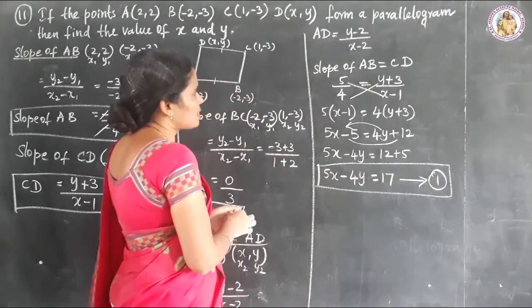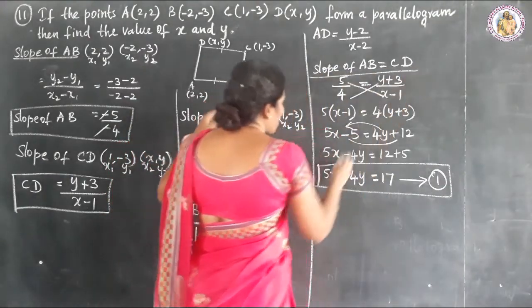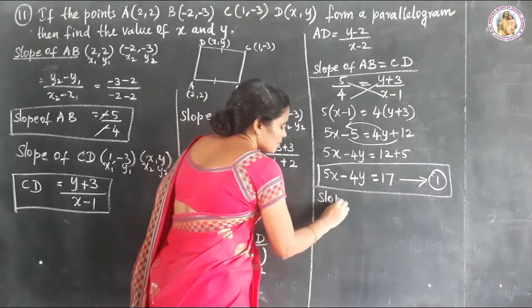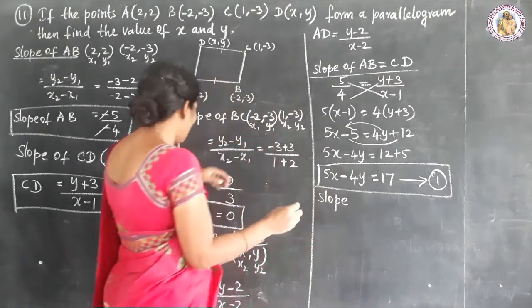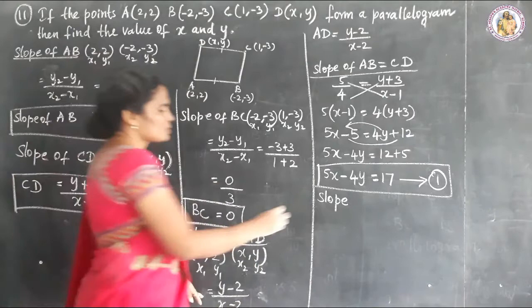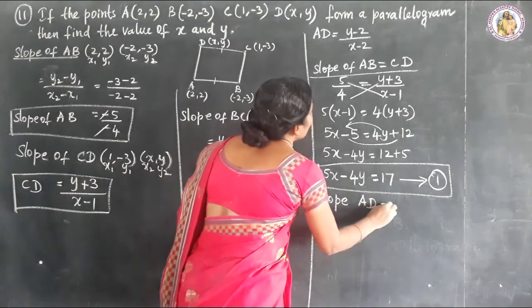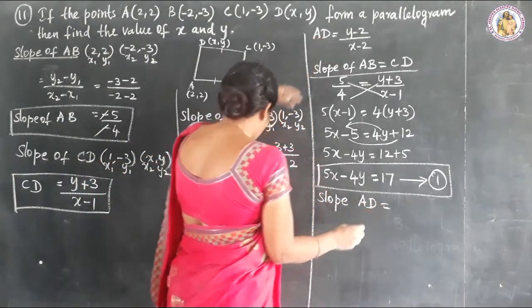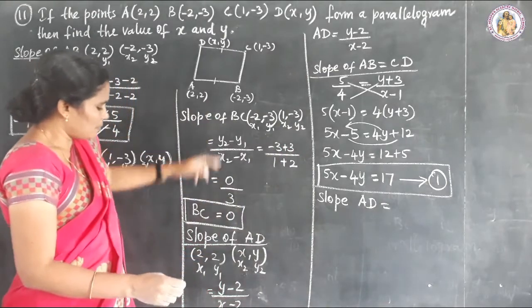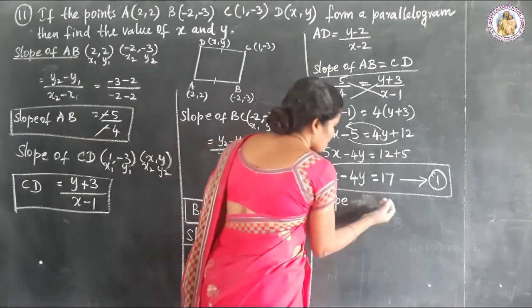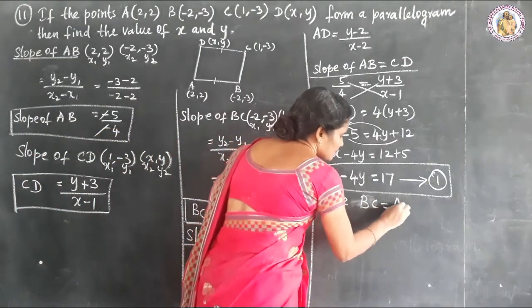In the next step, now let us use the slope which is parallel to AD. Slope of AD is equal to slope of BC.